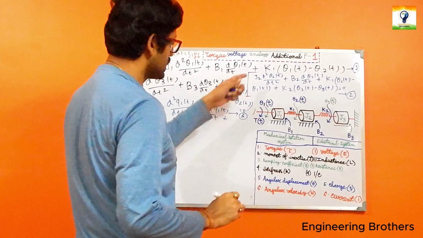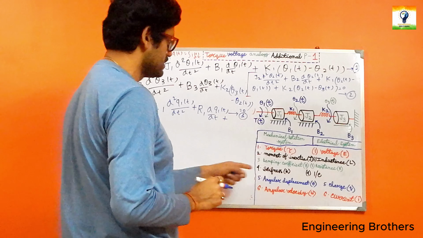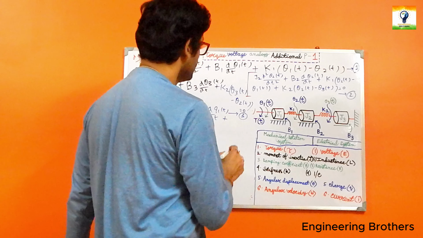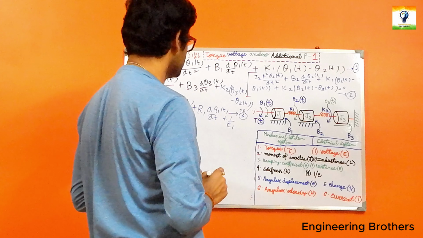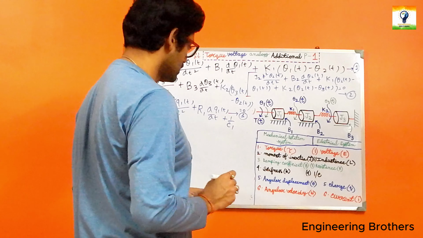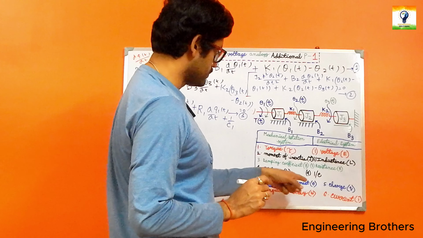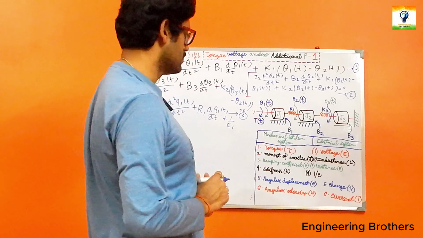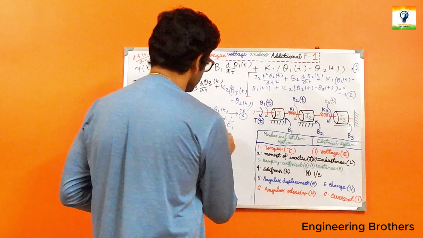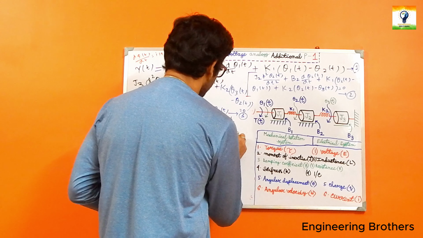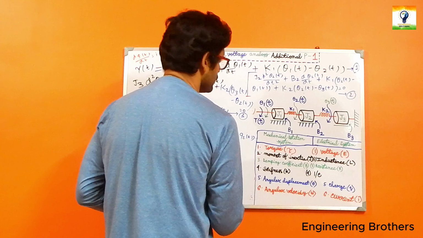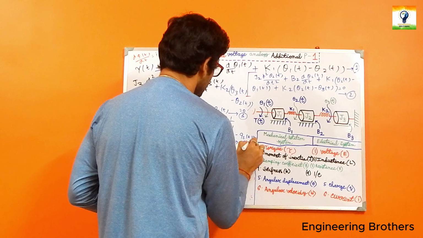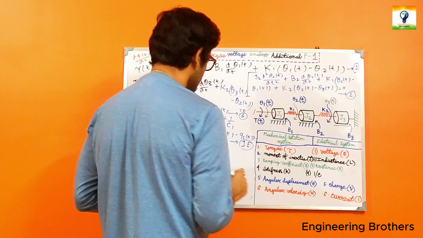Plus once again the k1, the stiffness, is 1 by c1, and theta 1(t) means q1(t), the angular displacement, which is equivalent with our charge, inside our bracket we have q1(t) minus q2(t). So this one is our first electrical equation.